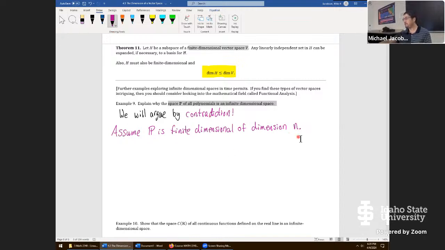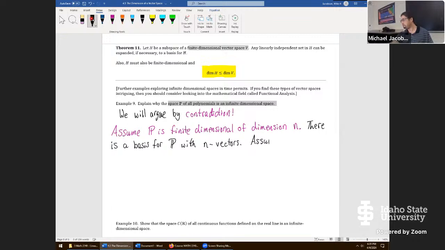Now, if it's of dimension n, this implies immediately there is a basis for P with n vectors. That's the meaning of having finite dimensional. So let's write it down.